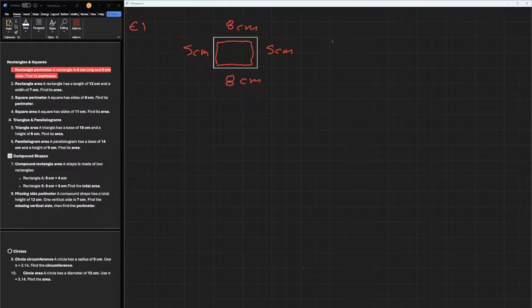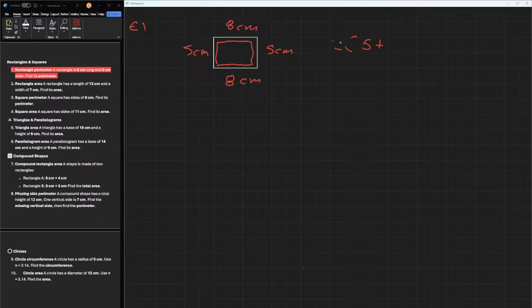So we can either do this, 2 times 5. I mean, I had the formula, but I can't remember if it was like this or not.